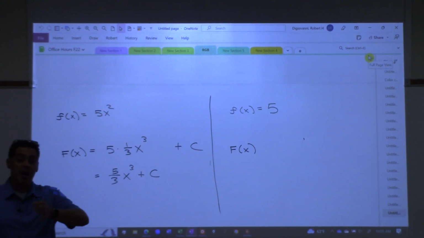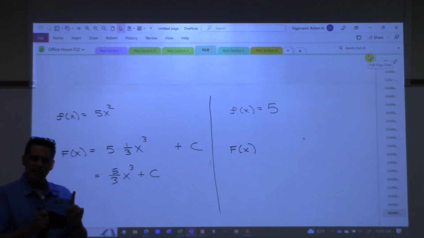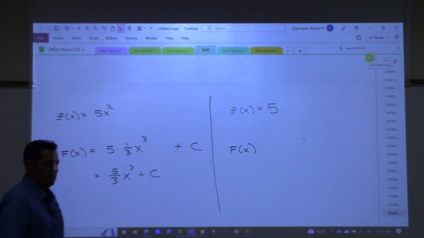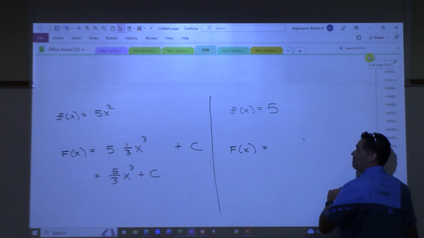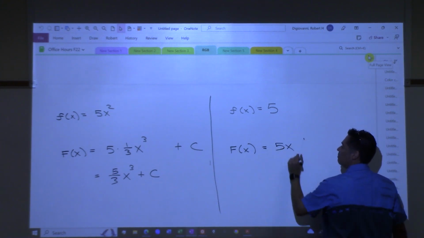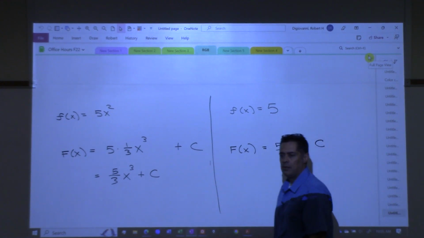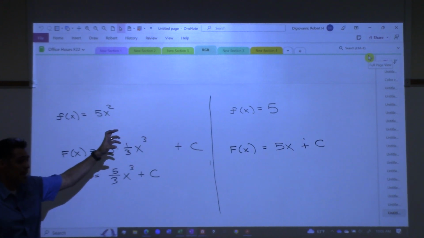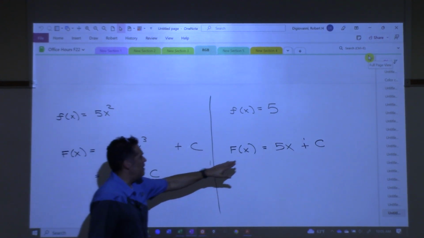You only bring the constant along for the ride if it was attached to a function, right? Same idea here. That 5 is by itself. What do you take the derivative of to get that? 5x. Plus some constant. So all that happened when you did the antiderivative of a constant by itself is that an x appears next to it, right? The derivative of 5x is 5.